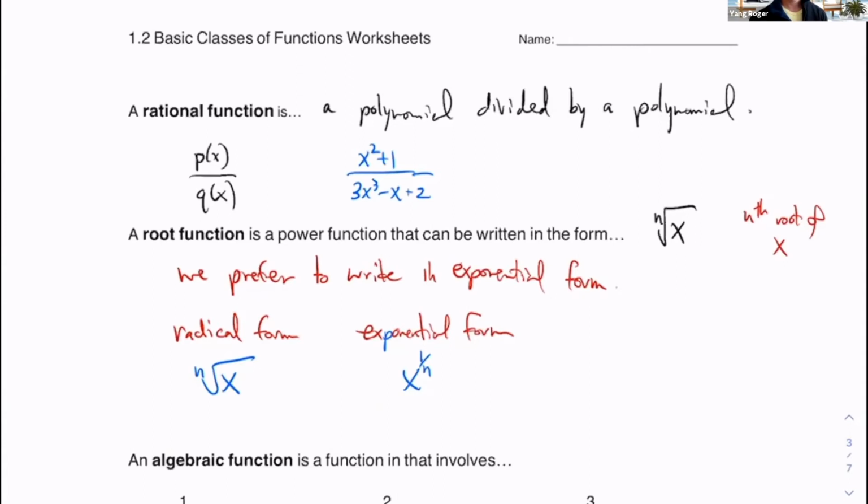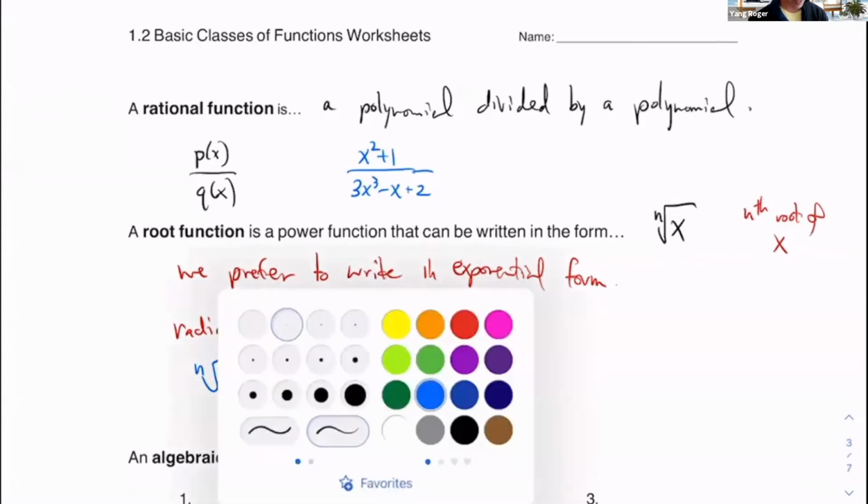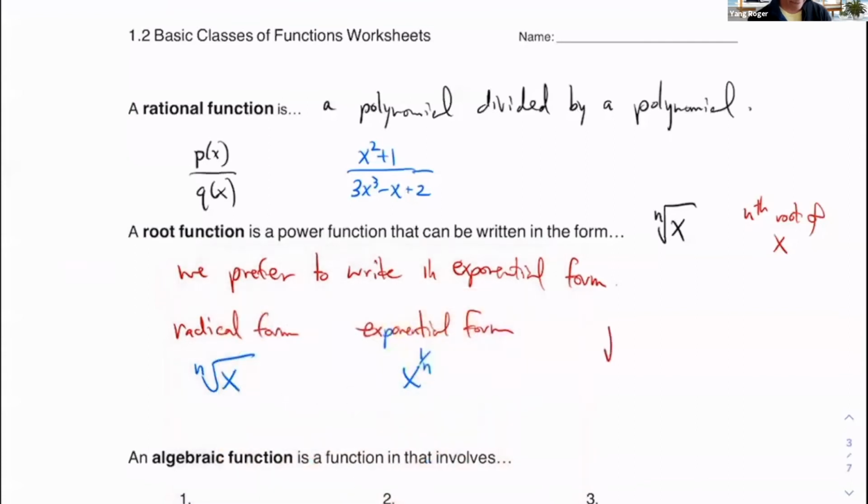Let me tell you one more thing. If I put an n here and an m here like this, do you guys know what that looks like?